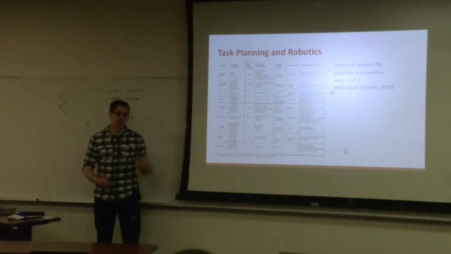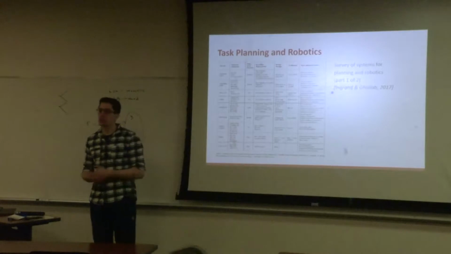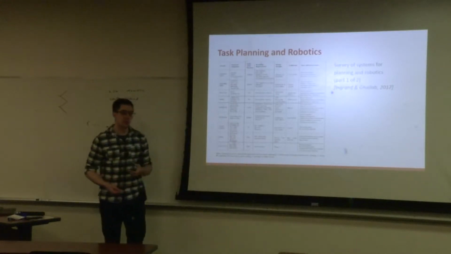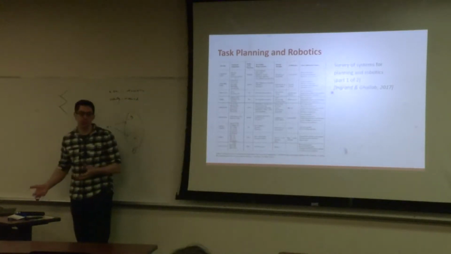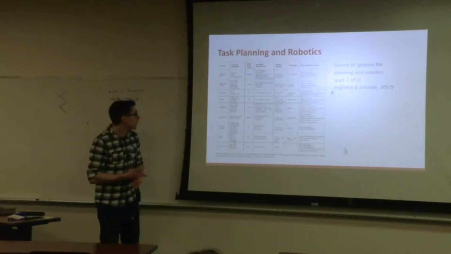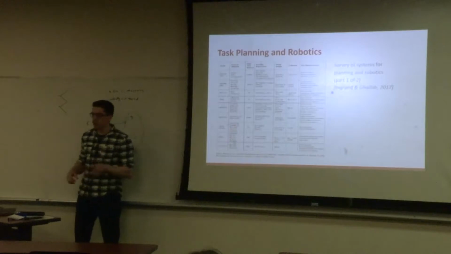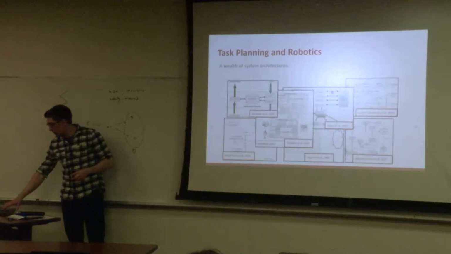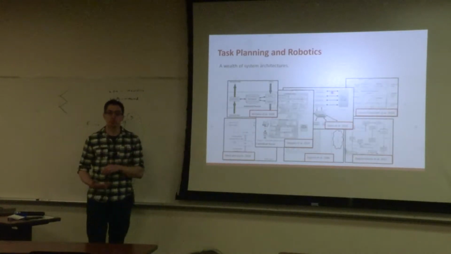And they all do something different. The system architecture we had in Pandora is different from the system architecture we built for Squirrel, which is different from the system architecture we're building for this multi-robot project that we're looking at now, because we're interested in solving different problems. And I don't think this is a bad thing.